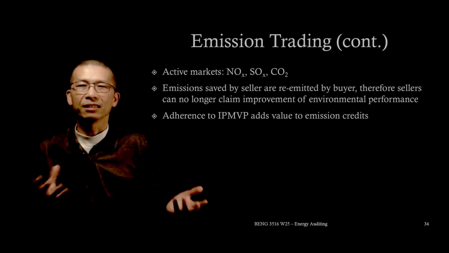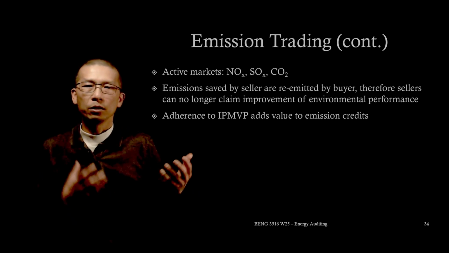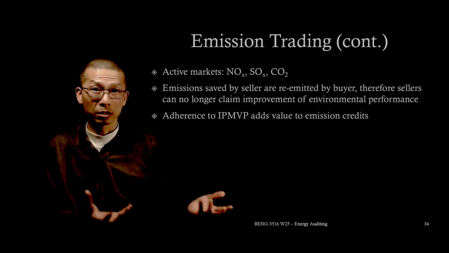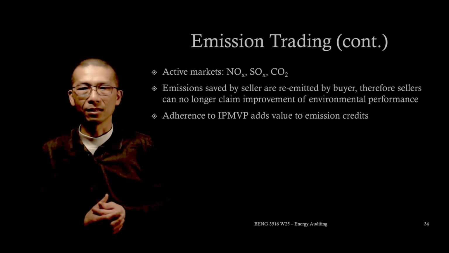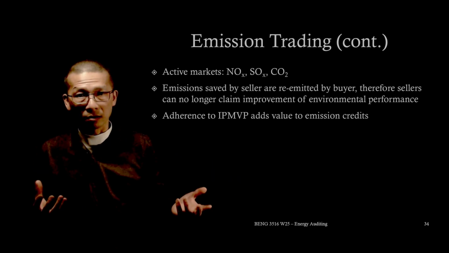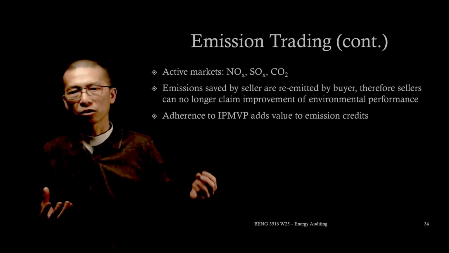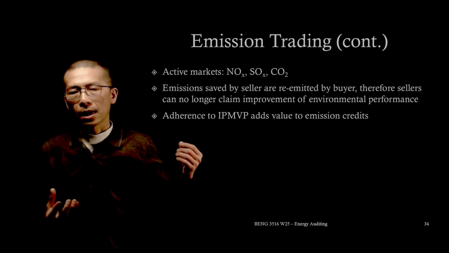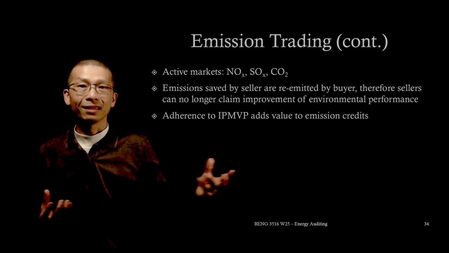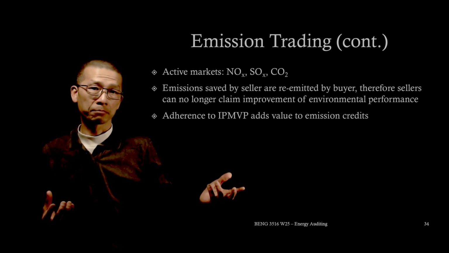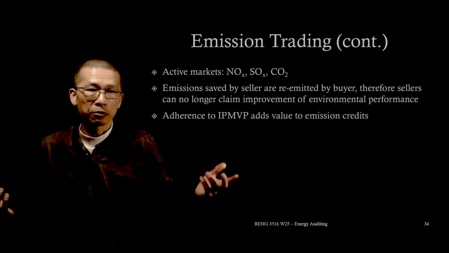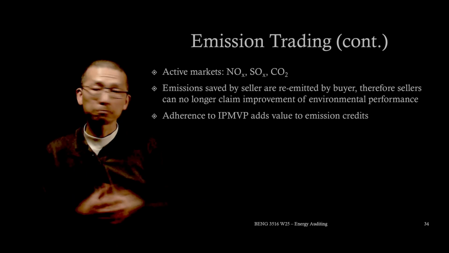So this mechanism encourages companies to pursue the lowest cost. Well, makes sense, right? You don't want to pay a high cost. So the lowest cost reduction, while maintaining an overall emission cap. Okay, even if it means trading credits among different emitters.